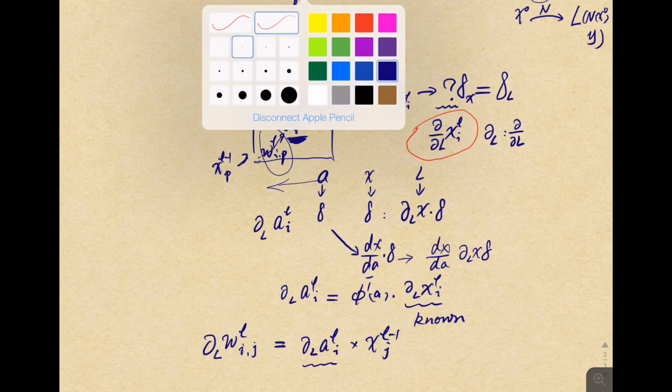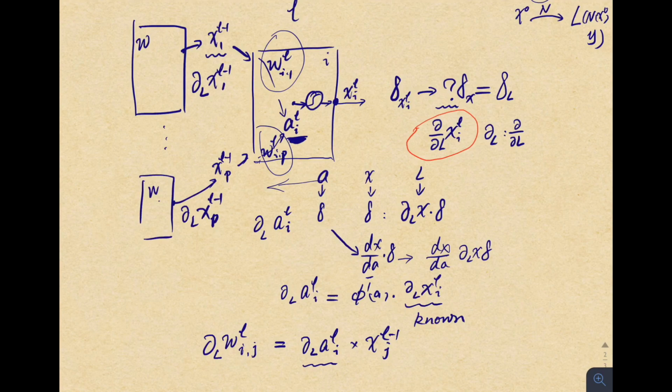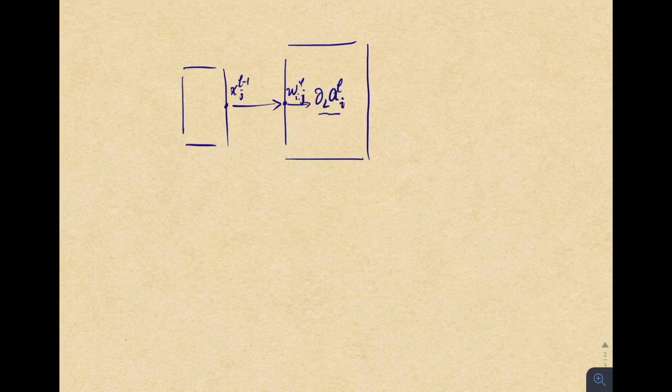Those neurons here: if we want to know how to change their parameters, or the weights, we must know how changes in their output affect the final output, the target value. Let us clean up the writing a little bit.